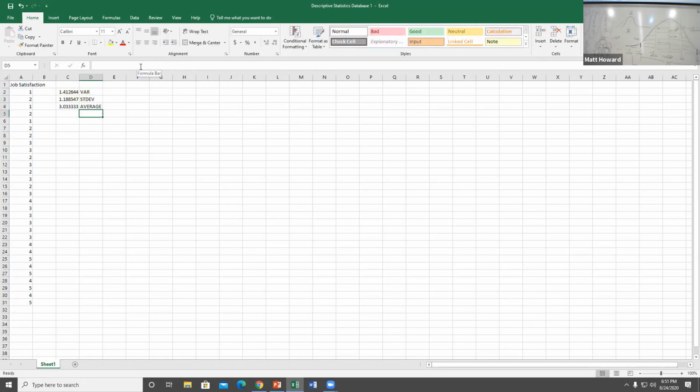And then if we want to do median, it would be MEDIAN, open parenthesis, click and drag, close. This is median. And mode, equals MODE.